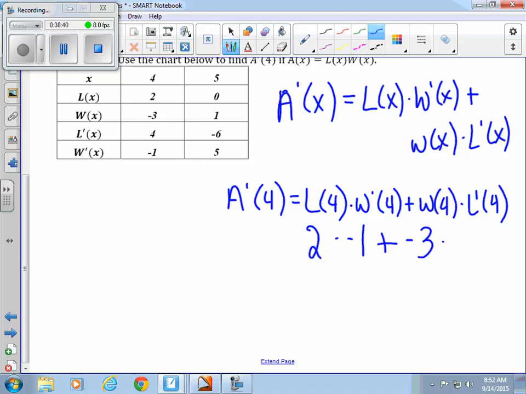Do I know L prime of 4? Did they throw in a lot of distractors? Yeah, but so the answer is -14. So that's a real AP style question. It comes up a lot. Any questions?